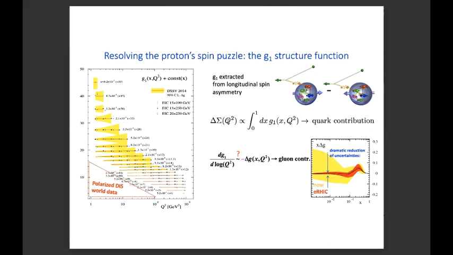As you see, as you go to smaller values of x and larger Q squared, the uncertainties grow because you have only limited data, which is providing you your initial conditions.